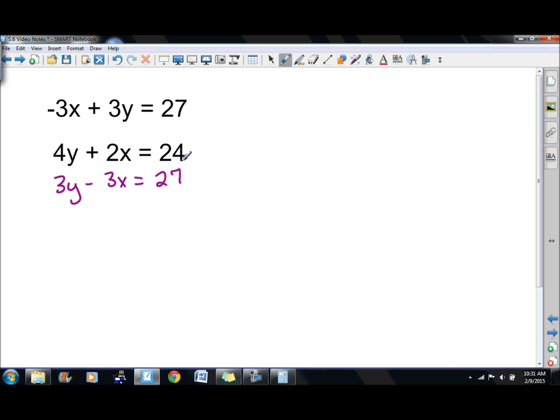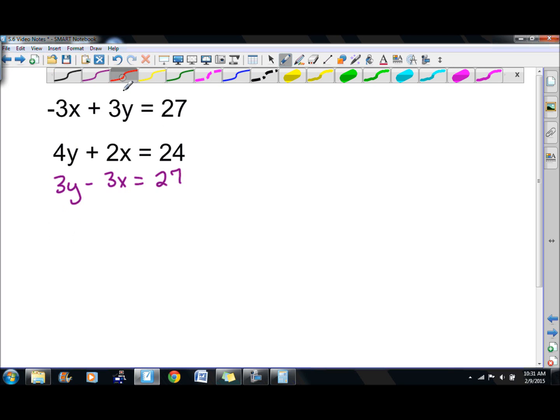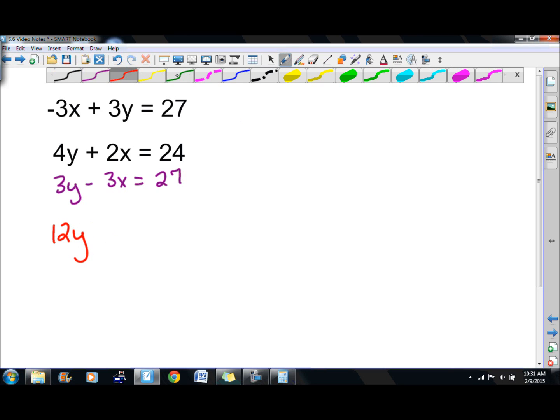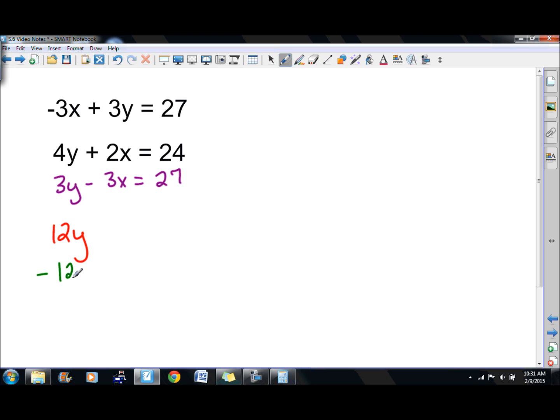And what I want to do is make it so that when we add the equations together, one of the variables is 0y or 0x to make that variable go away. So what I'm going to do is make the top equation into 12y, and I'm going to make the bottom equation into negative 12y.